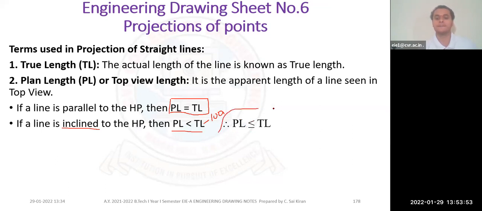Whenever we give any inclination, 1 degree, 10, 20, 30, 60, 90, the length will reduce. Maximum length is true length. Either the plan length will be equal to true length if it is parallel to HP, or whenever it is inclined, plan length is less than true length. Okay.